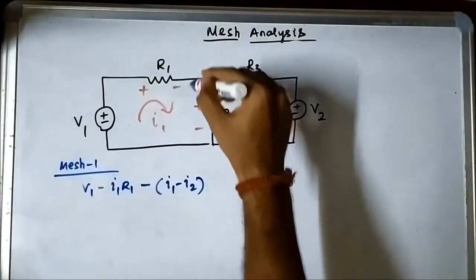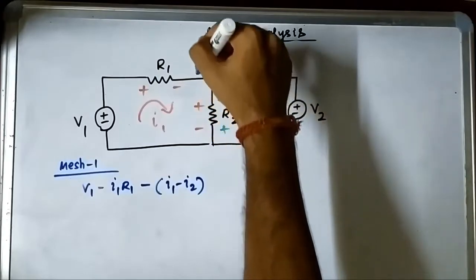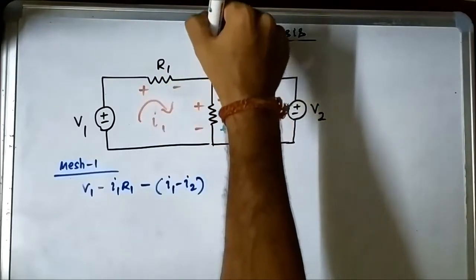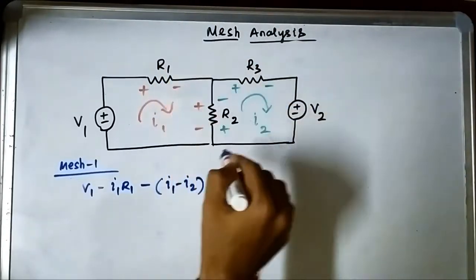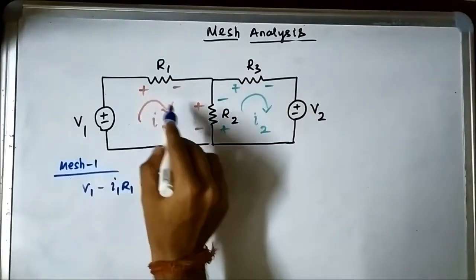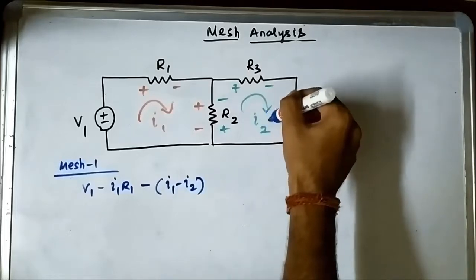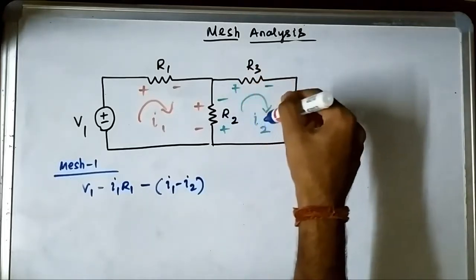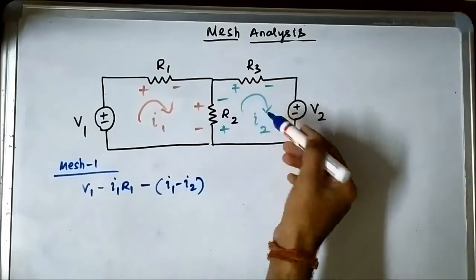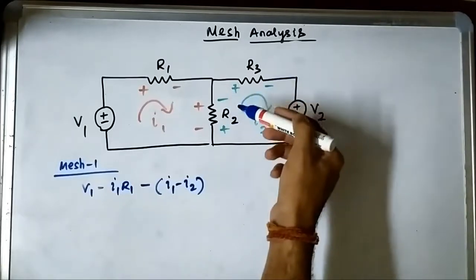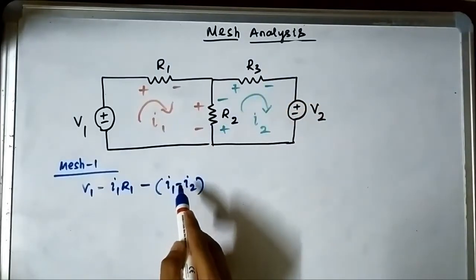Current I1 is flowing downwards, I2 is flowing upwards. As I1 is the dominating current, it will be I1 minus I2. If I2 were flowing in the anti-clockwise direction, it would have been I1 plus I2.